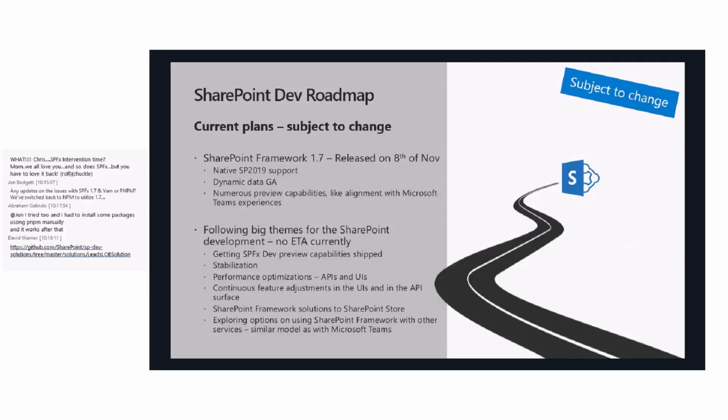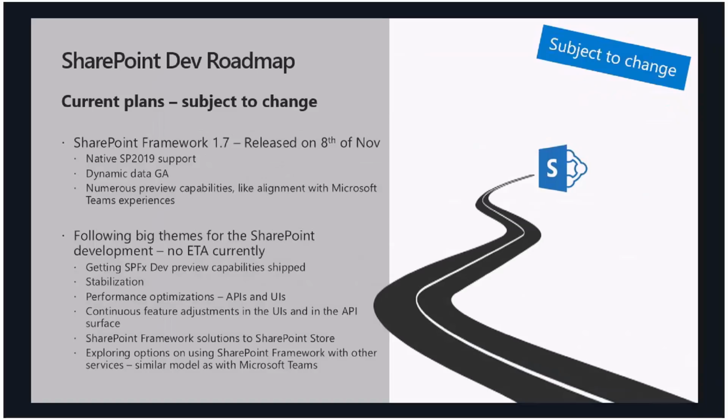But looking at getting preview capabilities shipped. So that would be a lot of what's in preview now behind some of the preview flags in SPFx, so getting that stuff GA'd, stabilizing things, of course responding to the issues we hear, working on performance optimizations, always adjusting the features. That's both driven by internal needs as well, of course, as your feedback.